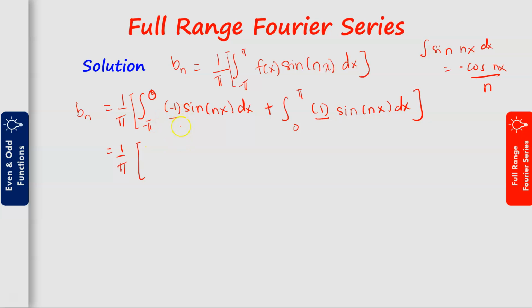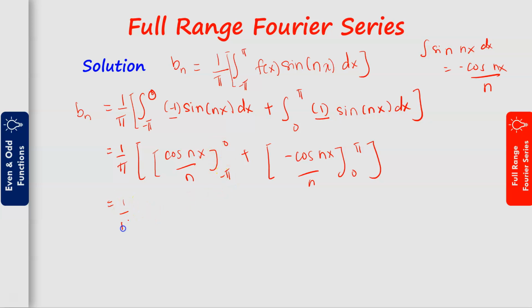So when we integrate negative sin nx, we get cos nx over n, from negative pi to 0, plus, you integrate this the same way, which is negative cos nx over n, from 0 to pi. And when I substitute 0 and negative pi, I will have 1 over pi.